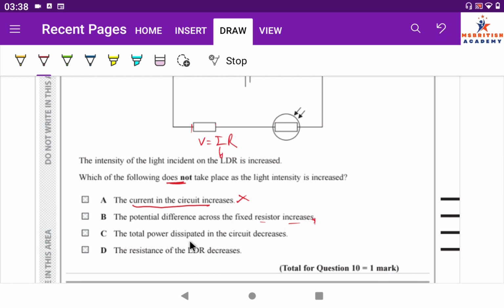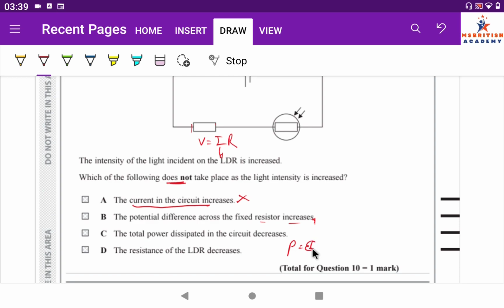Okay, the total power dissipated in the circuit decreases. So power is equal to epsilon into I, the current.